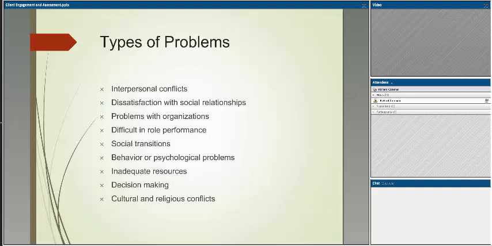A difficulty in role performance. You know, if I'm depressed and I'm not able to hold a job, then I can't be the provider for my family, or what the family might need from me at a given time. So that might be a problem that I need to resolve. Social transitions. You know, I decided to go through the divorce, and now my whole life looks different, and so that can be problematic.